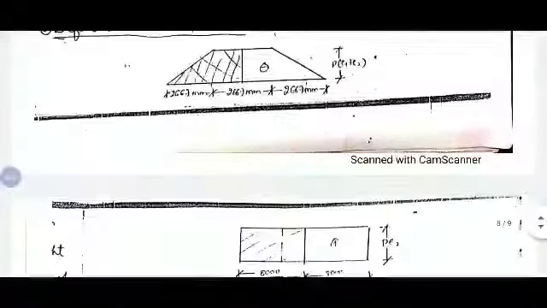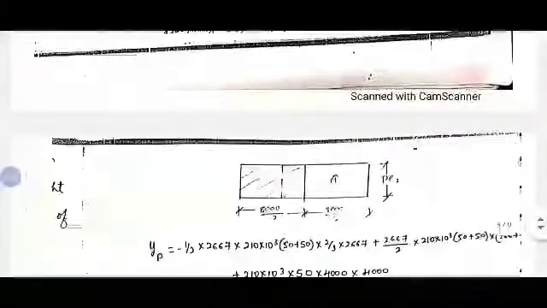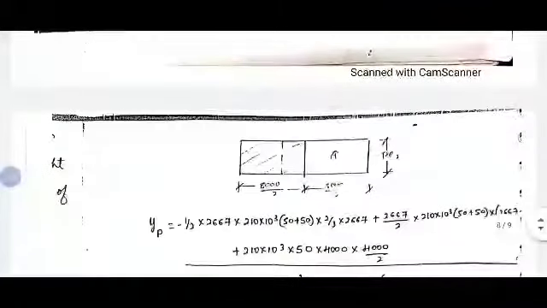In the hatched portion itself you have triangle and rectangle. So first let us consider the triangular portion. Half into base is 2667 mm and height is 210 into 10 power 3. It is P, prestressing force, into E1 50 plus E2 50, into 2/3 of 2667, that is the centroidal distance for the triangle. And this should be minus 2667 by 2.